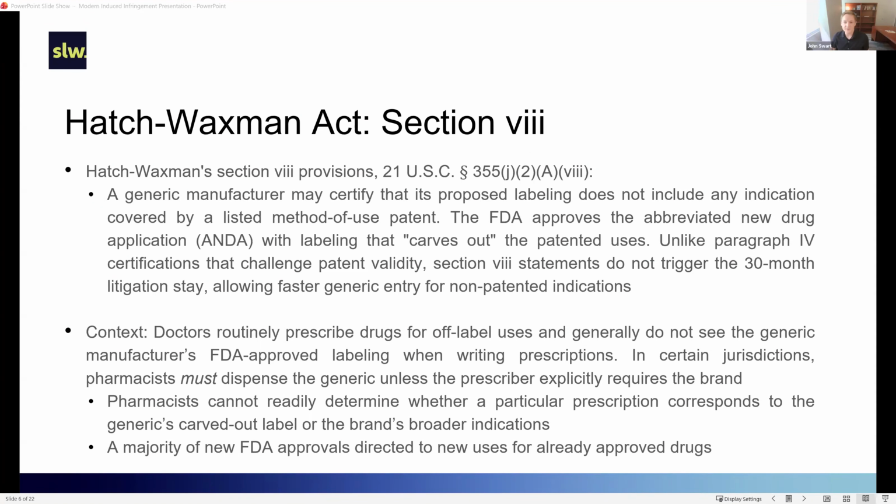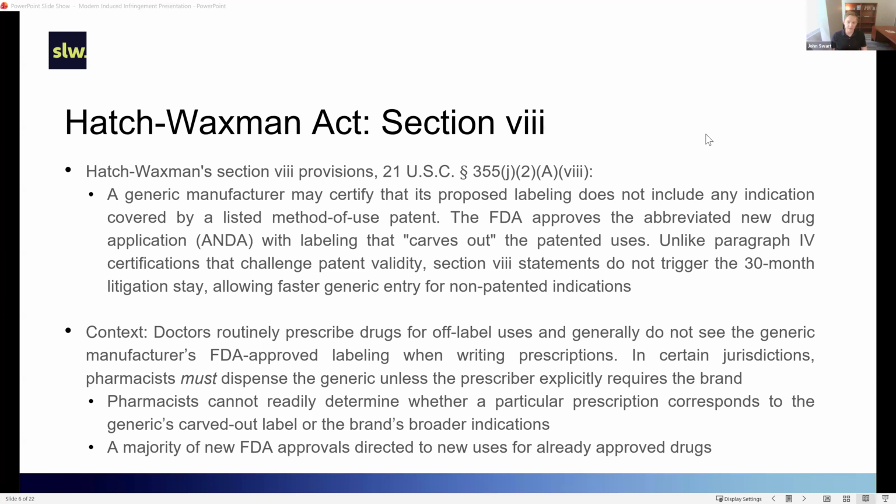You might be starting to tell, as I'm setting this up, that this creates some issues, because basically a generic manufacturer can possibly, depending on what market they're coming into and what they anticipate will be the behavior of the doctors prescribing the drugs and the pharmacists fulfilling them, comply with this Section 8 carve out, but not have the doctors prescribing and the pharmacists fulfilling the prescriptions actually abide by the intent of this carve out.